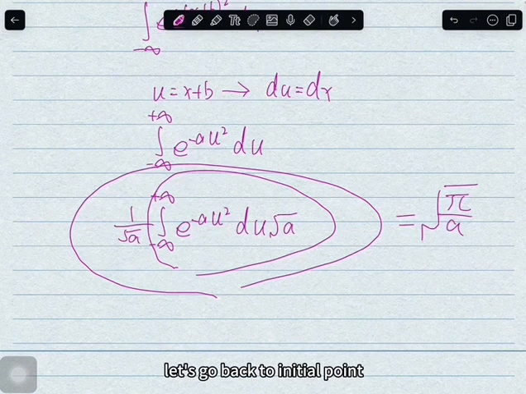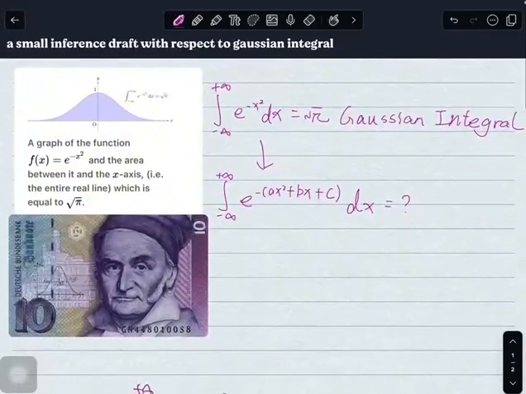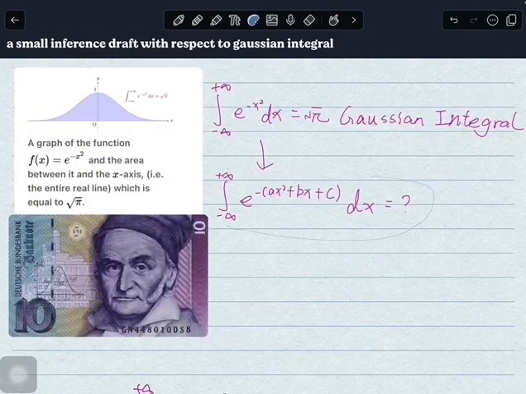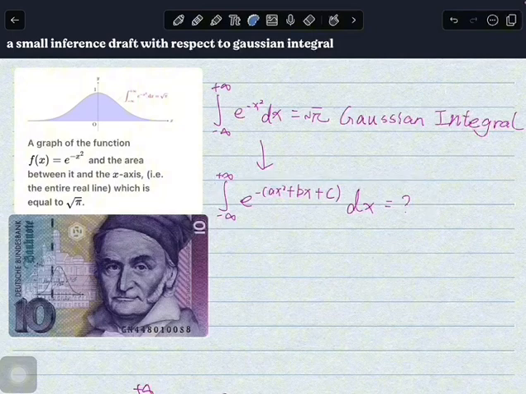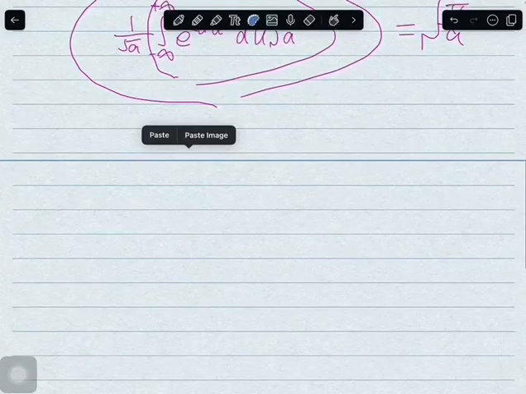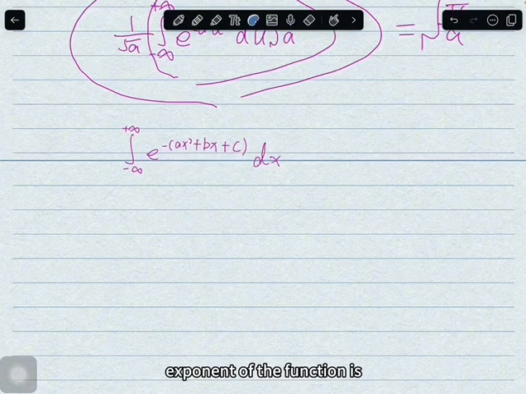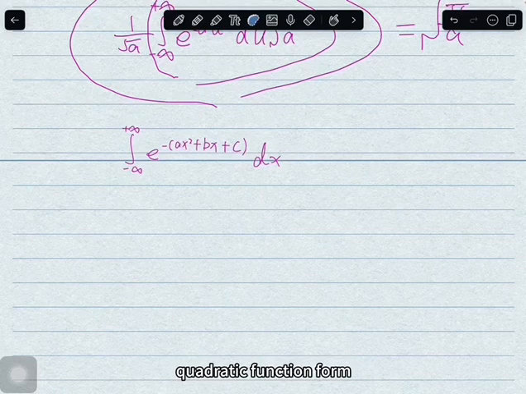Okay, let's go back to the initial point. You know, the exponent of the function is in quadratic function form.